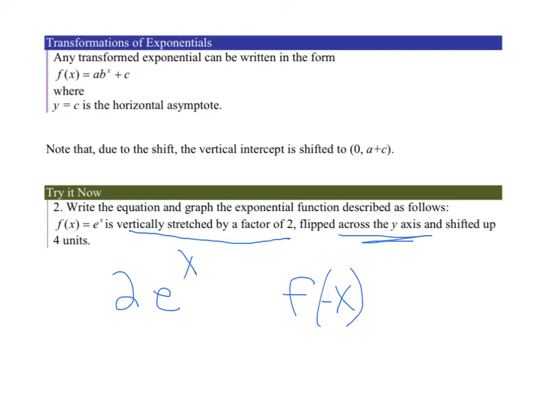So we're just going to make that x negative. That's the f of x. And then we're shifting this whole graph up 4 units. So that's going to be the plus 4. Okay? So I hope that you remember that from the work we did before. If I was sliding right or left, often we won't do that with exponentials, but we would put it inside up here with the x.